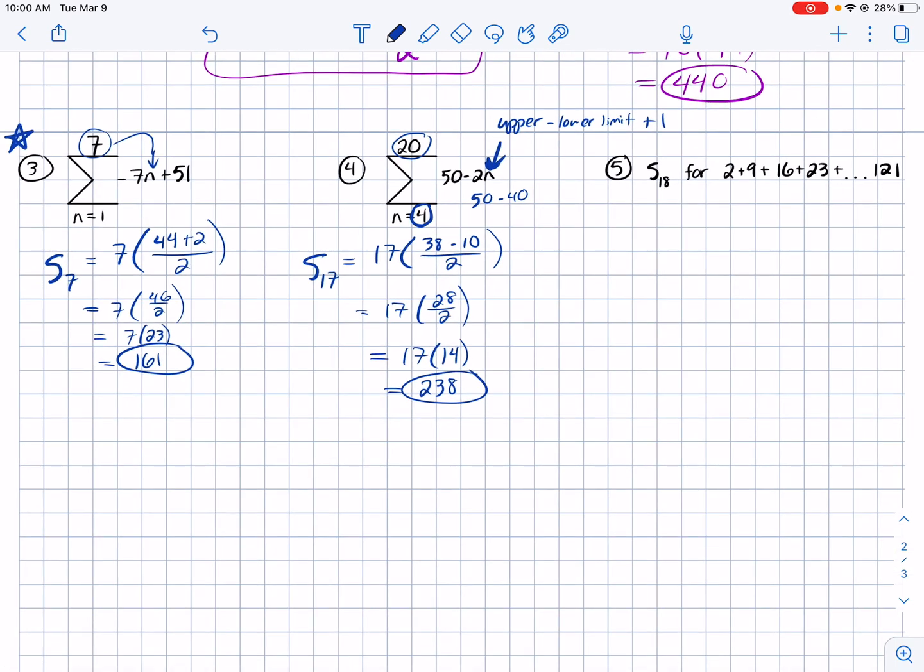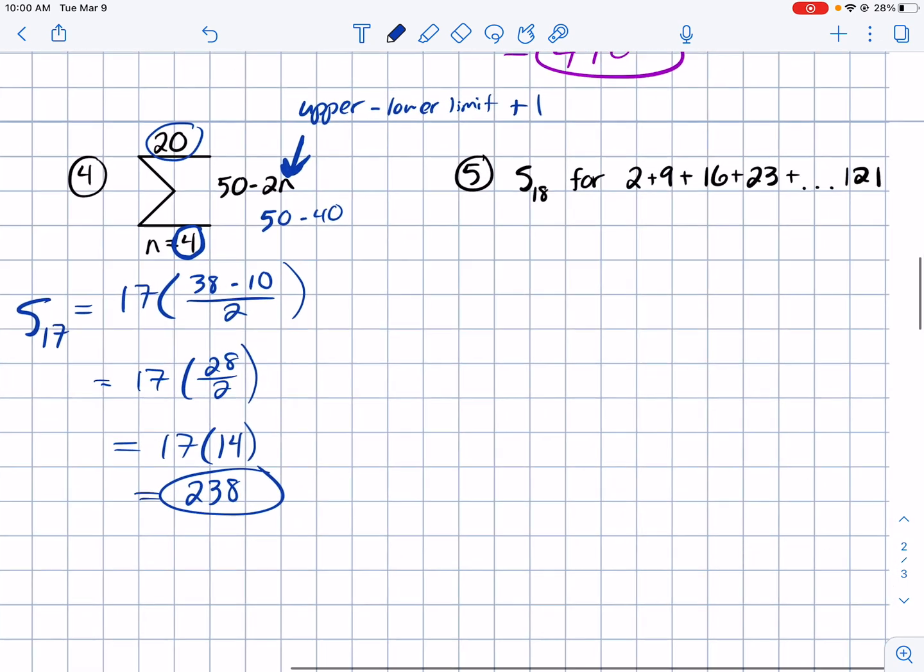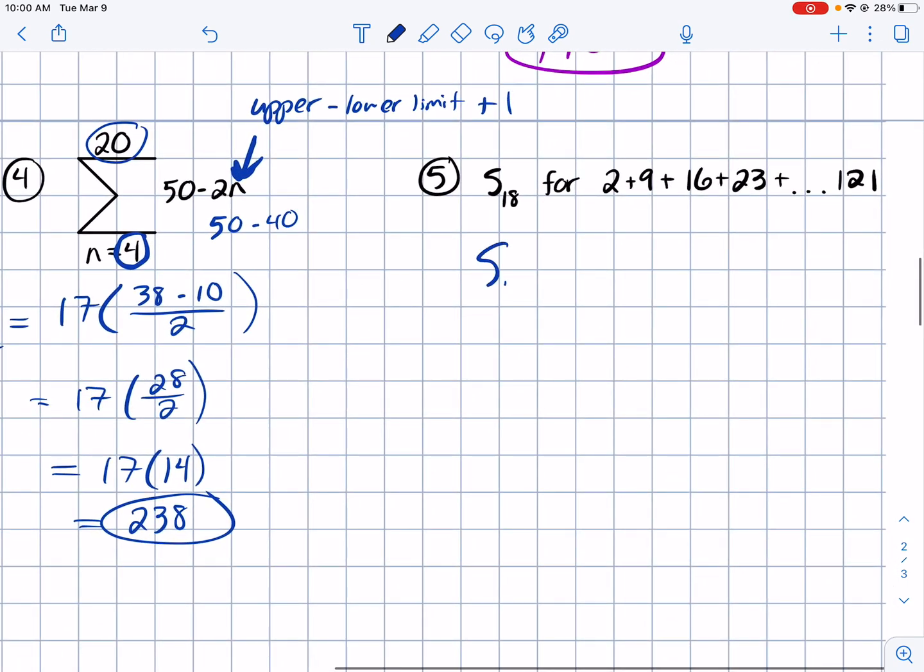All right, and then for our last one here, a sum of 18 terms. Well, using our formula, 18 times, you already have your first and your last here, right? 2 plus 121 divided by 2.